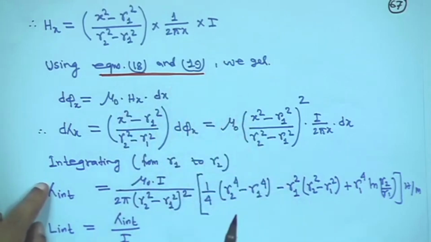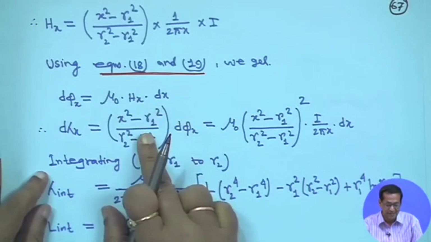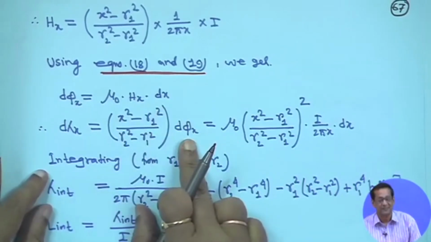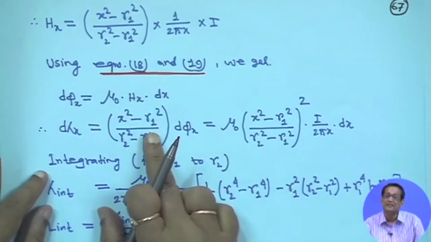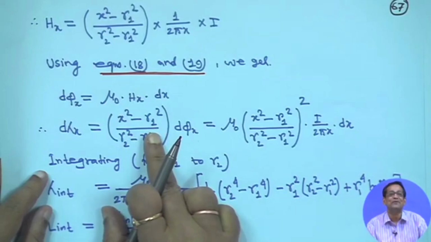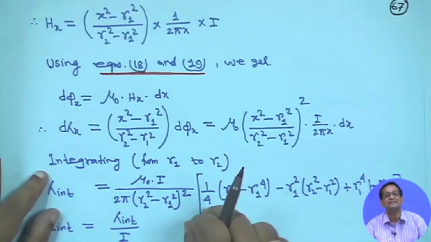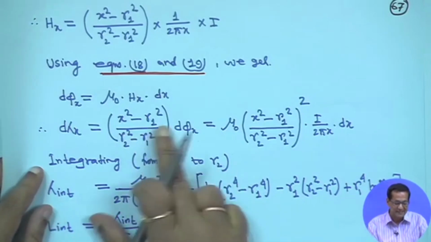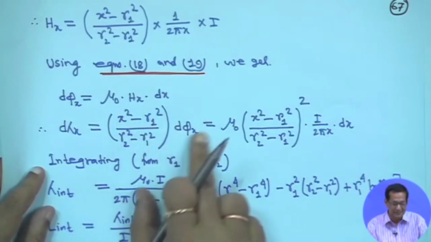Earlier we had x square upon R square, but it is a hollow conductor. So, this term is coming into d phi x. This is understandable, because for the solid conductor at that time it was x square upon R square, there was no R1, R2, only one radius R, but in this case it is a hollow conductor. So, this is the fractional term into d phi x, and this is the flux linkage.